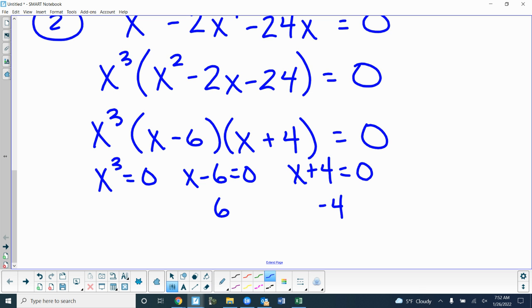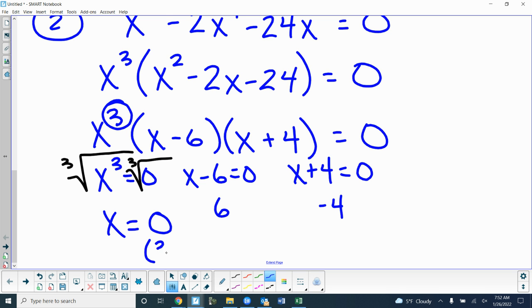And when it's a cube, to get rid of that cube, what do I do to both sides? Not square root, but cube root, right? What's a cube root of 0? 0, right? Okay. I didn't ask you on this to state the multiplicity, but since this has got an exponent of 3, how many times does 0 work? 3 times.